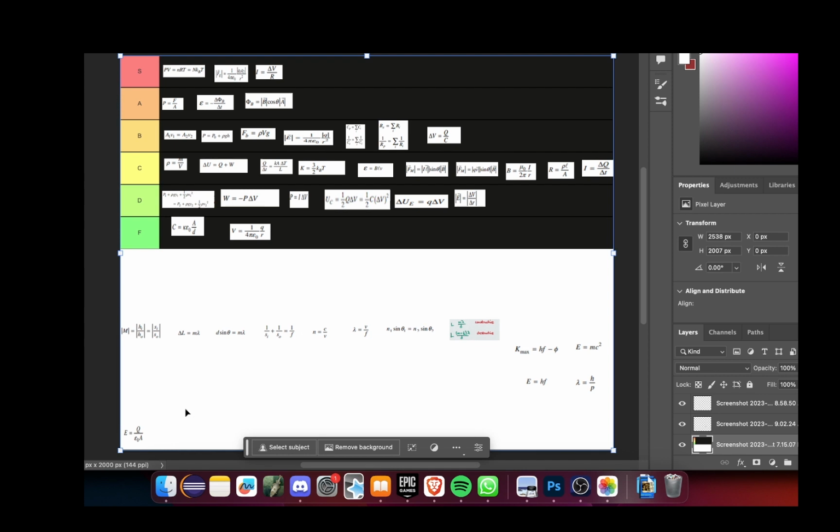As a concept, it's nice. As a reference point, it's sometimes okay. But nobody says that their favorite equation is the absolute value of delta V over delta R equals the strength of the field. Like, no.